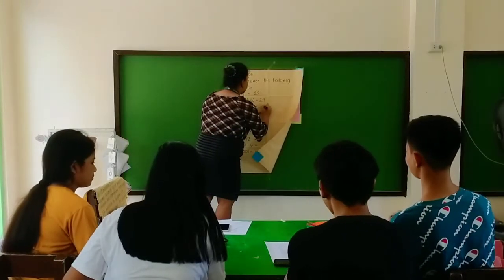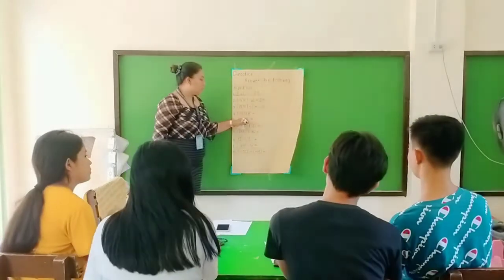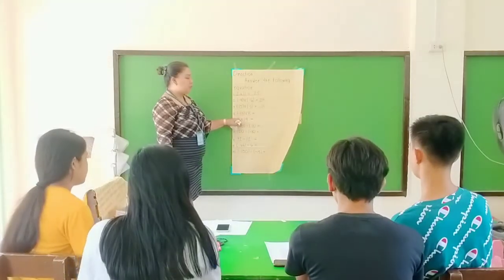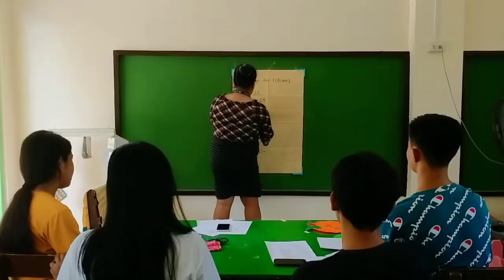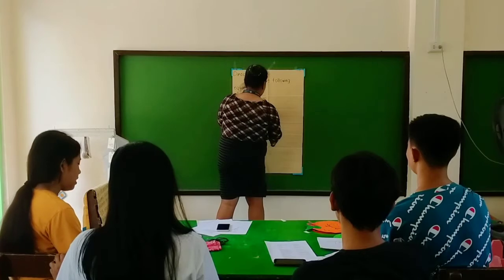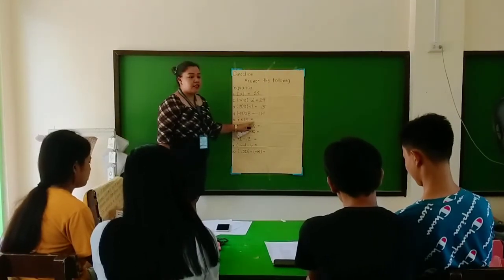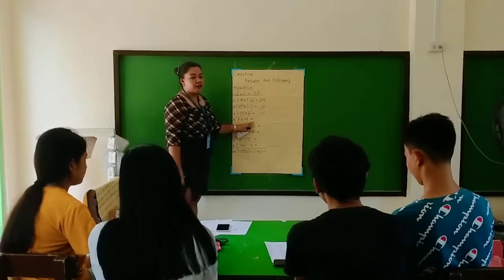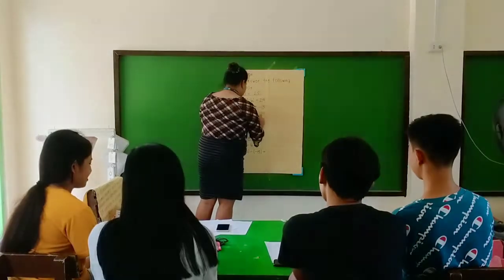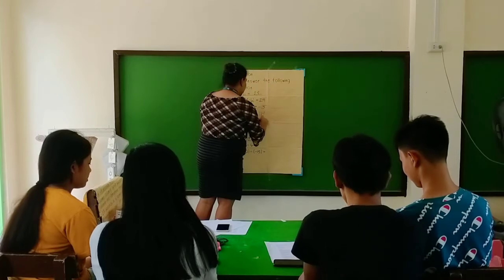Okay, very good, because that is a different sign. Okay, negative 13 times 8 is equal to negative 104. So 7 times 14 is equal to positive 98. Is that correct?